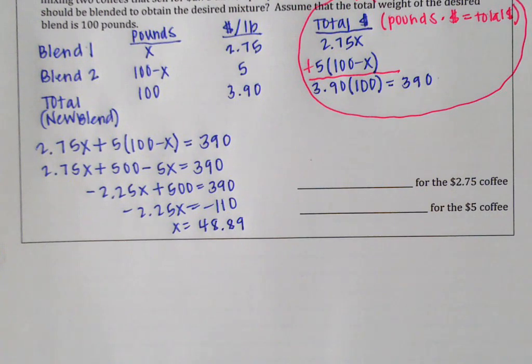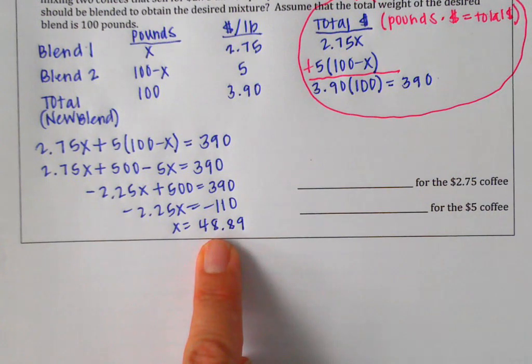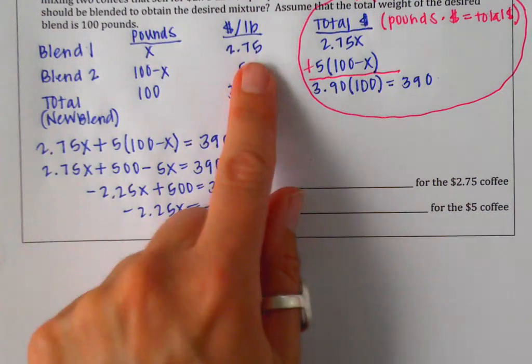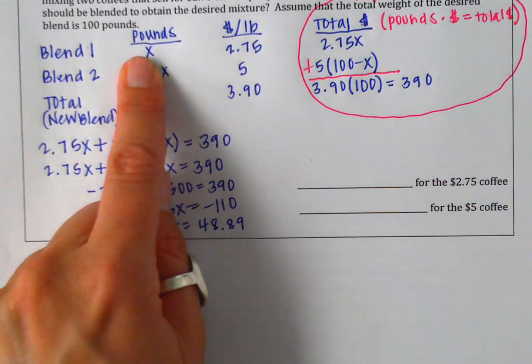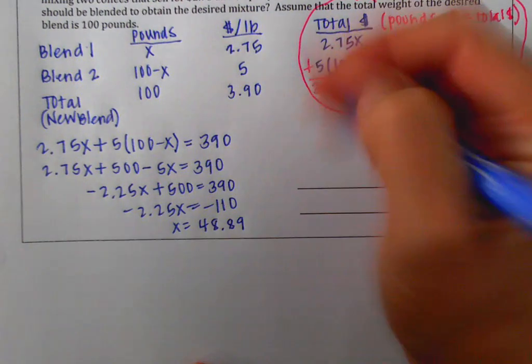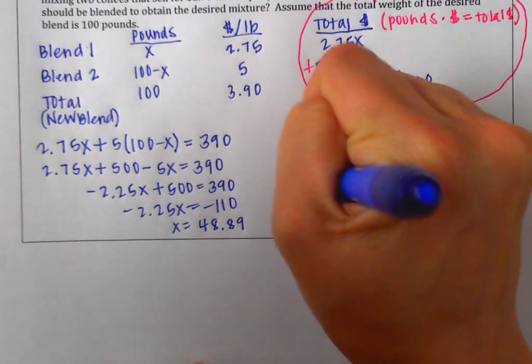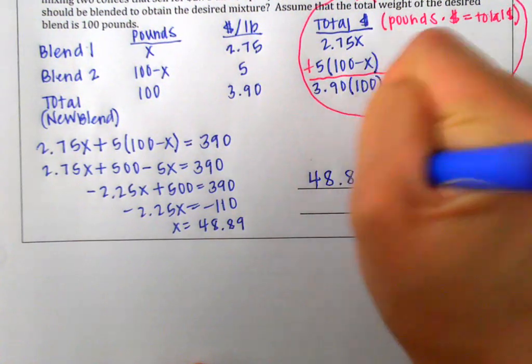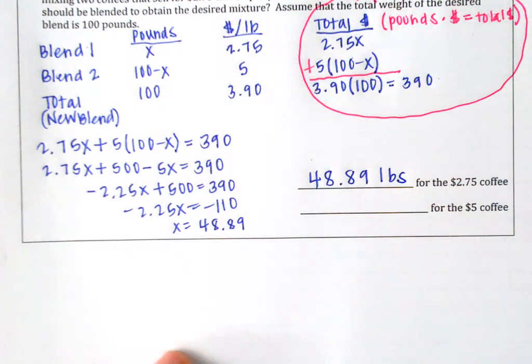Okay. Did you guys get 48.89? Okay. Is that for the $2.75 coffee or for the $5 coffee? Yeah, because $2.75 was my X, so we're going to put 48.89, and this is talking about pounds for the $2.75 coffee.